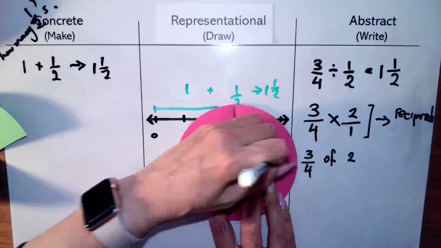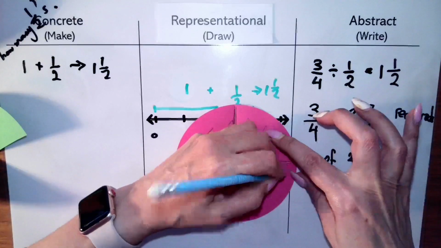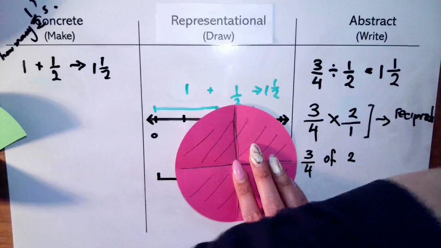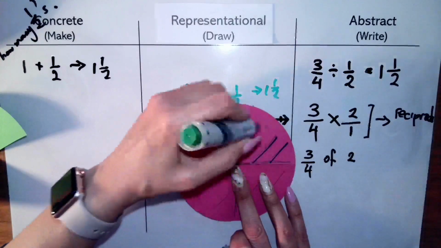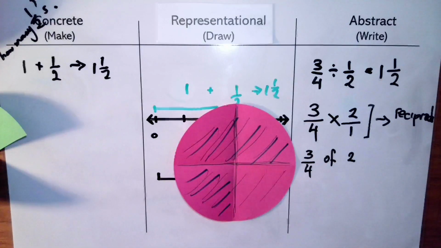So if this is one of my halves and this is another of my halves, I can see now that 3/4 of these 2 halves is one of my halves and then half of my second half.